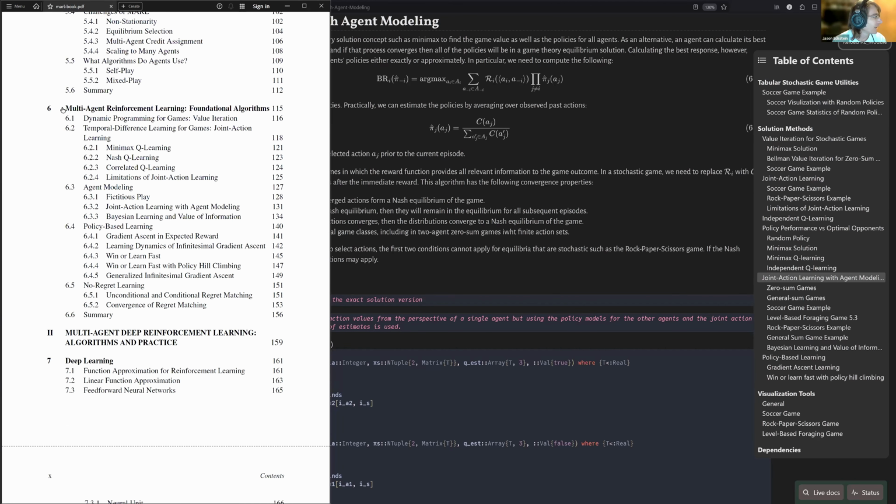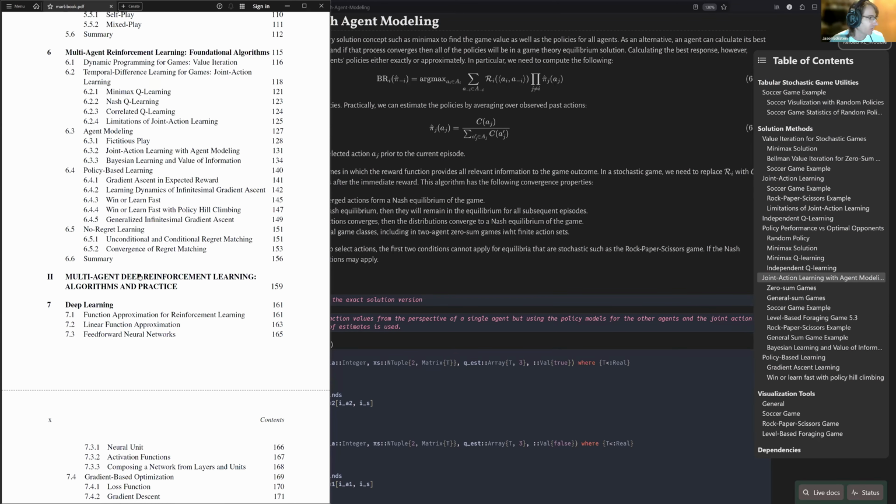Right now we're in the situation where we have games and stochastic games that are simple enough where we can write down all of the states and save them in memory. Once we finish this chapter, we'll move on to learning techniques that require models and parameters that attempt to generalize the state space and make it tractable.